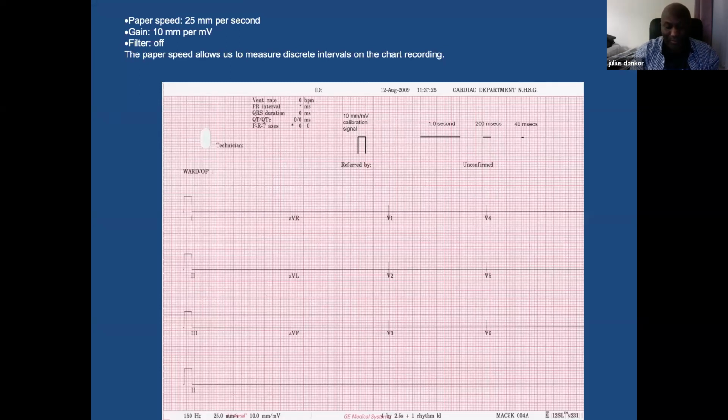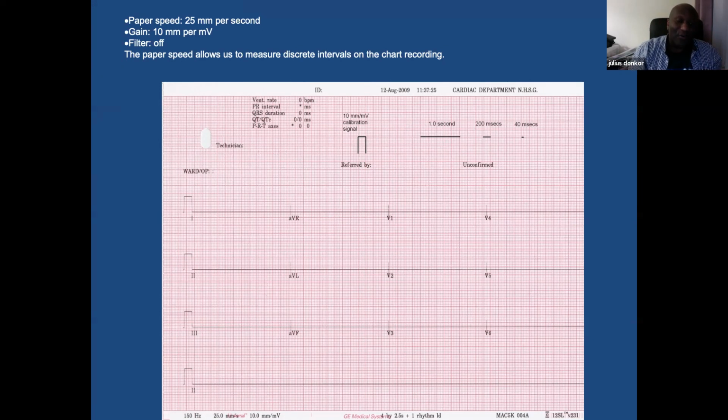Otherwise, you could end up misdiagnosing the ECG, as happened in the case that Dr. Duffy sent a couple of days ago, where the doctor completely misread it. So always check 25 millimeters per second sweep speed, and you can see at the bottom as well, 10 millimeters per millivolt voltage gain.